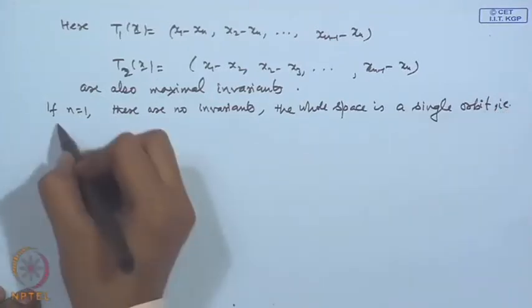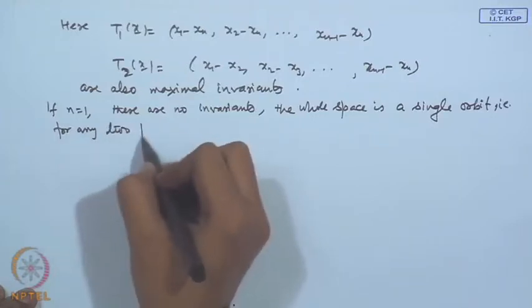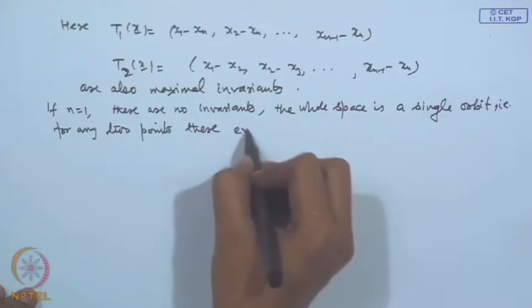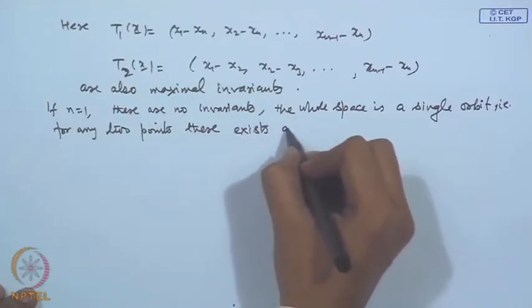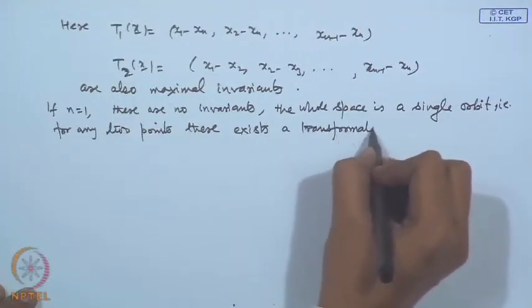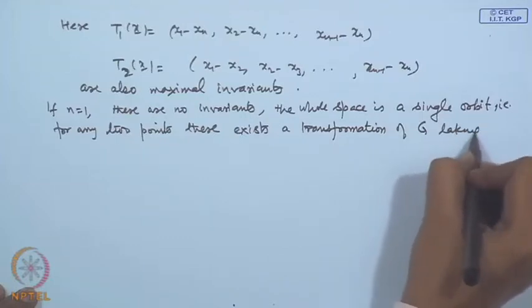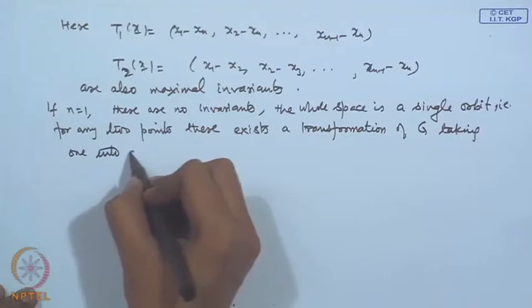That is, for any 2 points there exists a transformation of G taking one point to another.